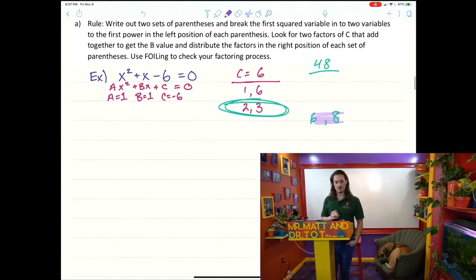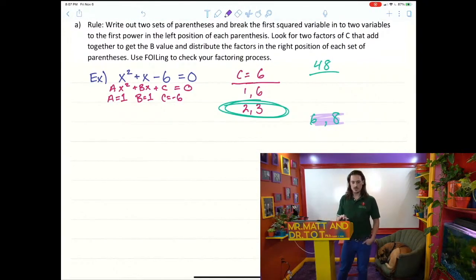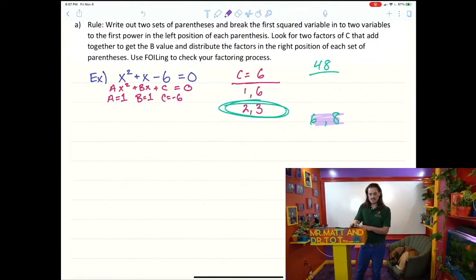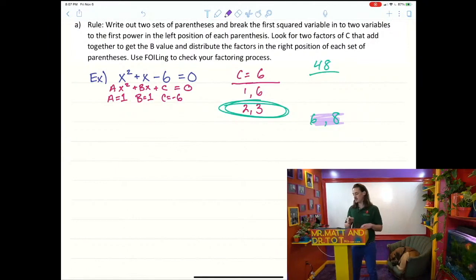Let me scroll up. My apologies, my camera is in the way. The only integer in between 6 and 8 is 7. 48 is not divisible by 7. So after I eliminate the possibility of 7 being a factor itself, I know that I've exhausted the list of factors of 48.